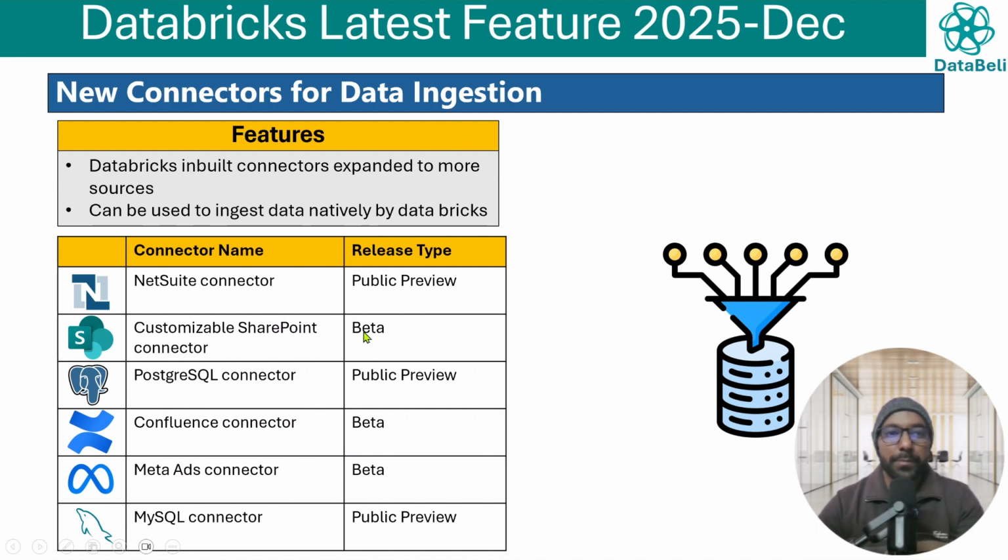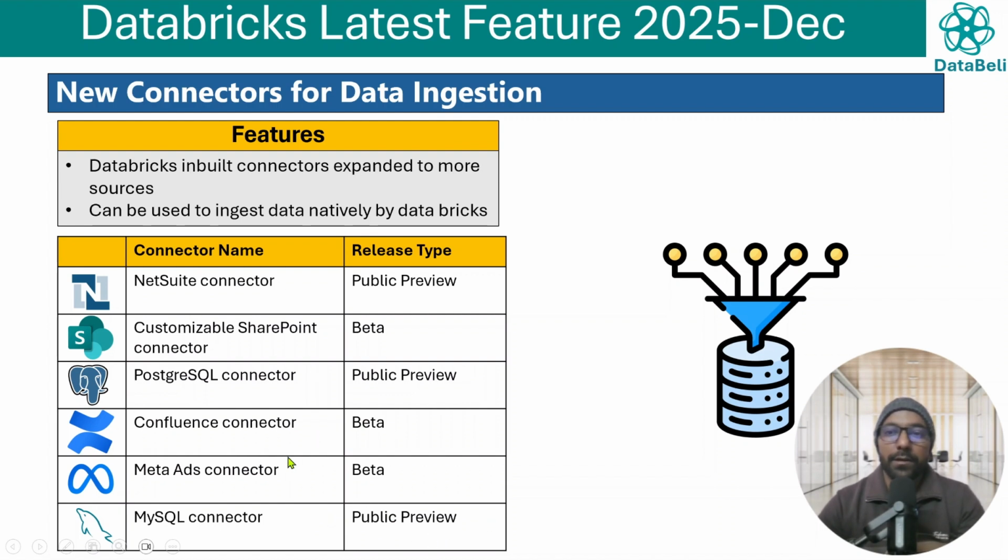These beta sources are the ones introduced very recently, in the current month December only, like customized SharePoint, Confluence, Meta Ads and all. And the other features like NetSuite, Postgres and MySQL were previously in beta or are now directly released in public preview.